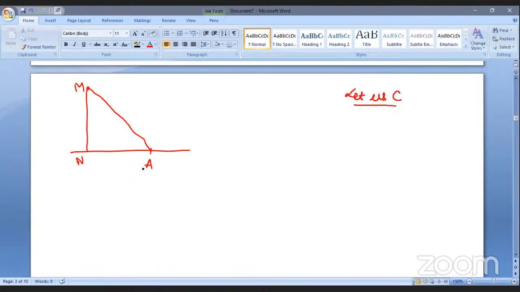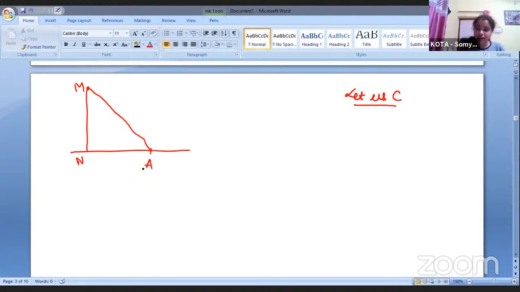It is saying angle of elevation. Angle of elevation is this angle. There shouldn't be any doubt. It lies inside the triangle. Angle of elevation is that angle which the line of sight makes with the horizontal level.